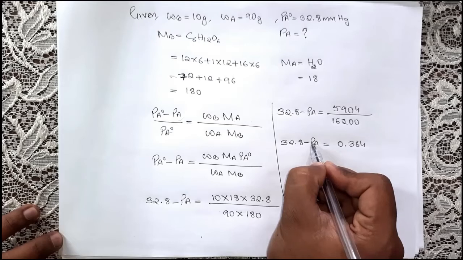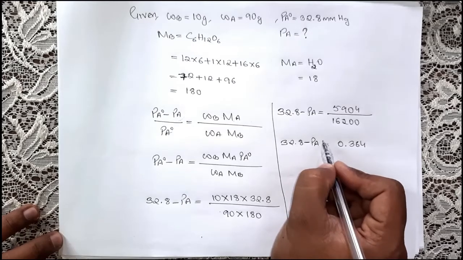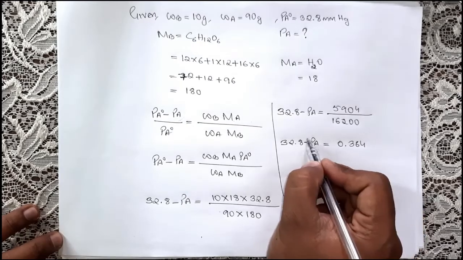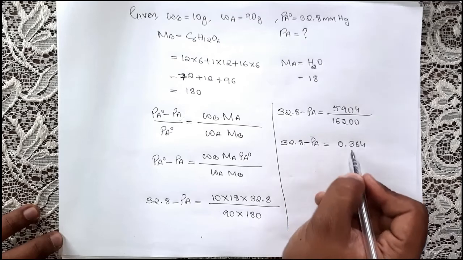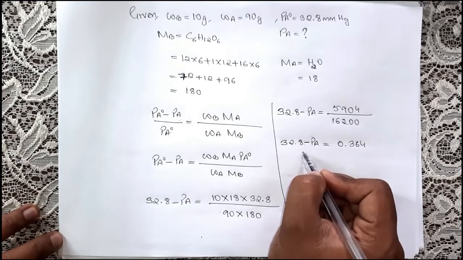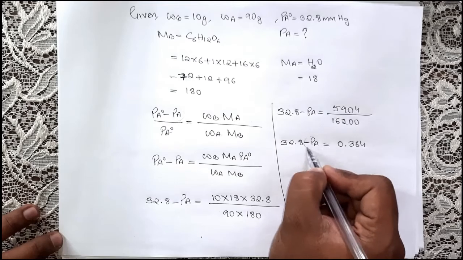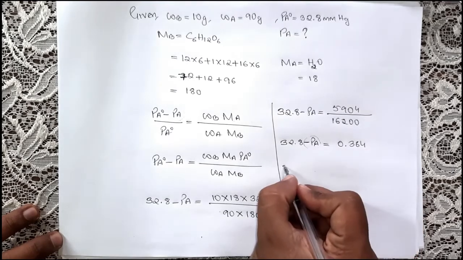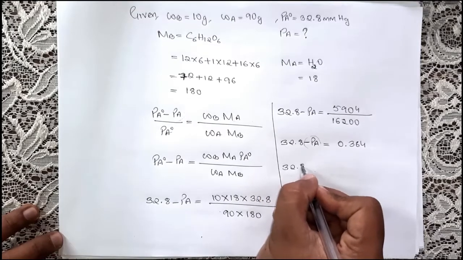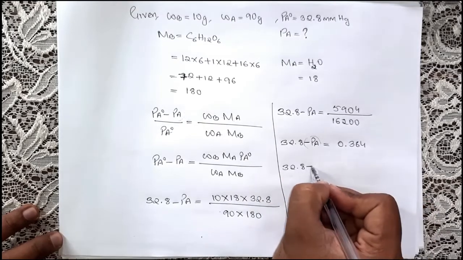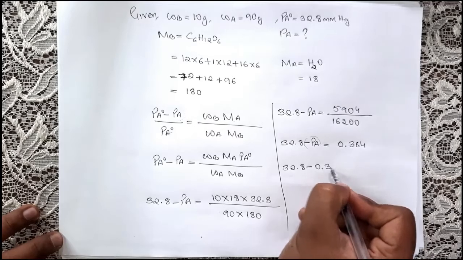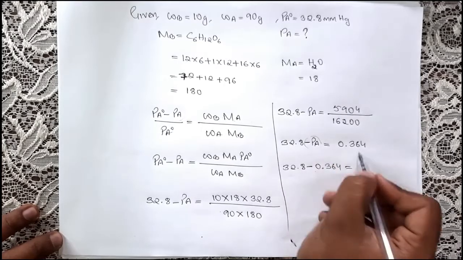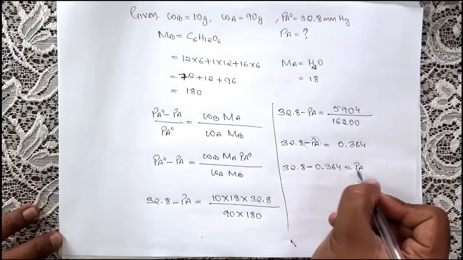Since out here it is minus PA, I need to make it plus PA. So what I will do is move this minus PA to this side, and these values I will move to the other side. I'll just change their place. So minus PA, if I move to the right hand side, it will be plus PA. So I'll have 32.8 minus 0.364 equals PA.